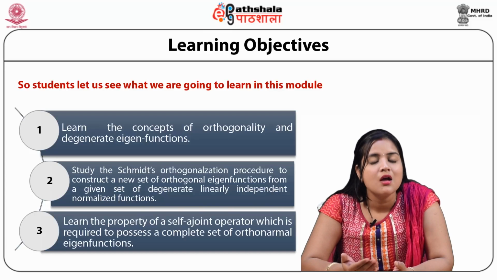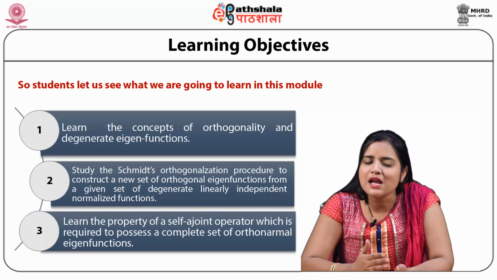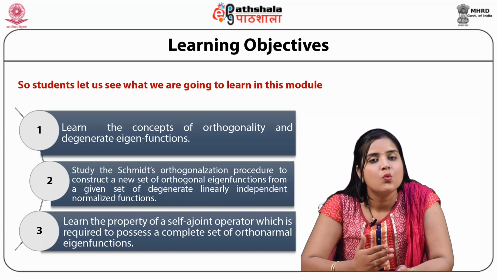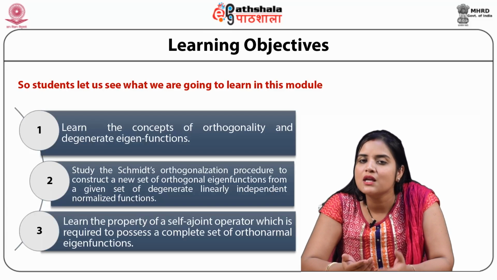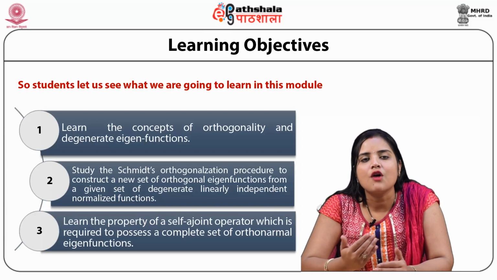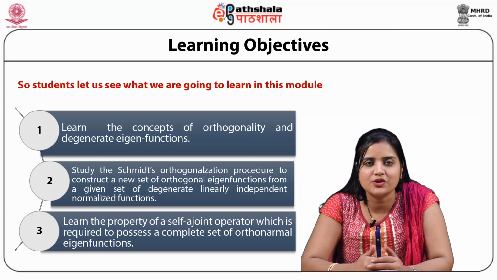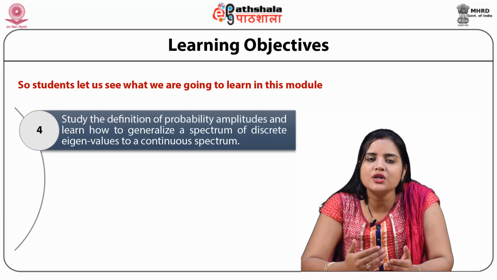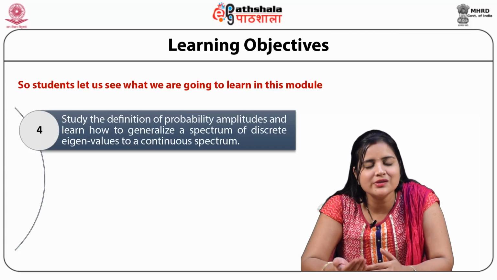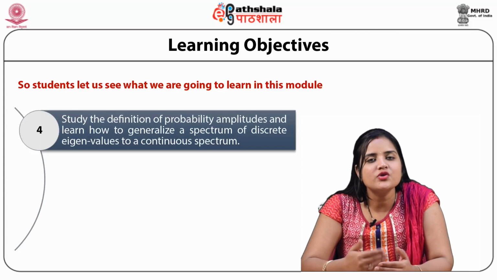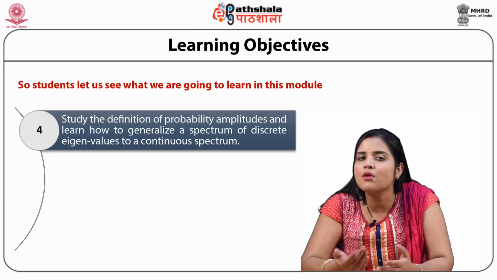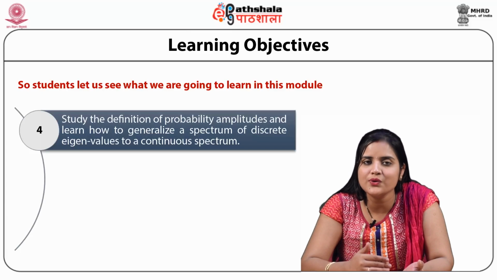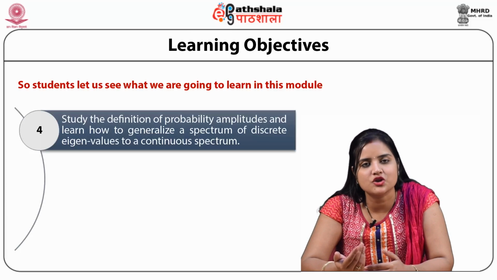We will learn the property of a self-adjoint operator which is required to possess a complete set of orthonormal eigenfunctions. We will study the definition of probability amplitudes and learn how to generalize a spectrum of discrete eigenvalues to a continuous spectrum.